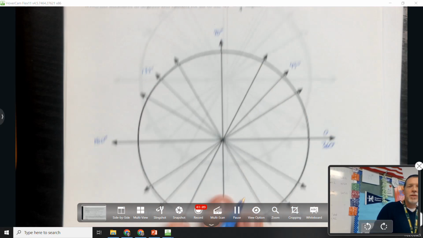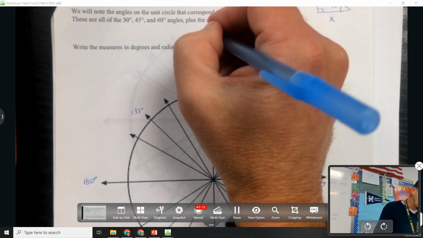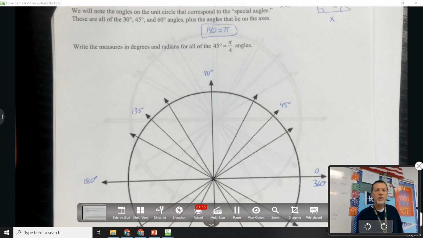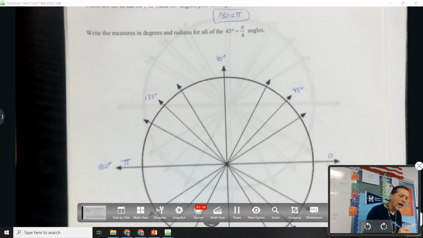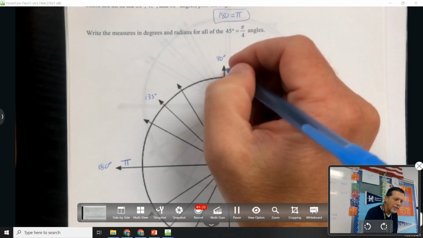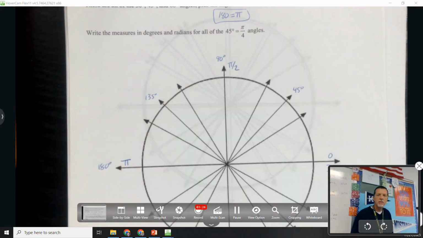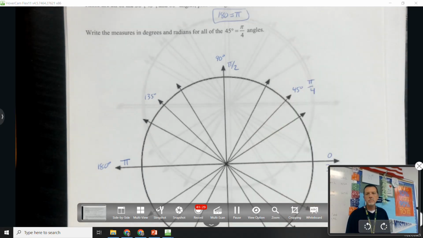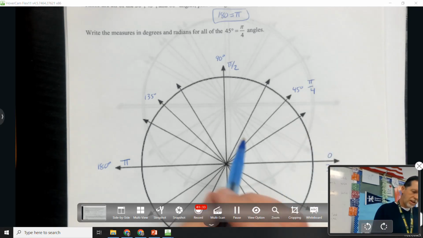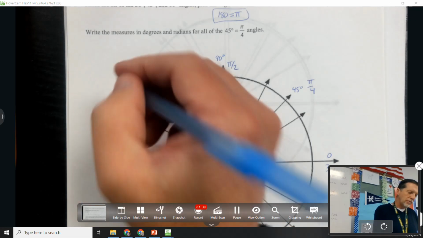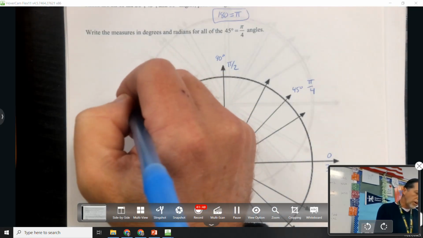You might not have memorized that 45 is pi over 4, but you definitely know that 180 is equal to pi. That's kind of where I would start. So I know that over here is pi, and then I kind of just start backing up. Halfway is pi over 2. Half of that's pi over 4. And then, let's see, halfway between a half and 1 is 3/4. So 3 pi over 4.